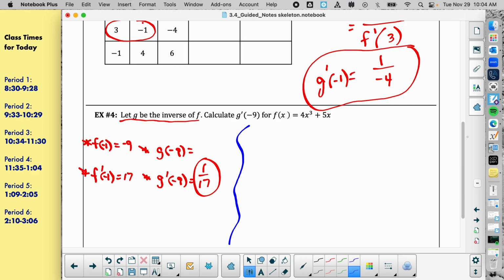So the formula way is the inverse derivative at a number is going to be 1 over f prime of the inverse of that number. So instead of me writing f inverse, we write g. First thing I have to calculate is g of -9.